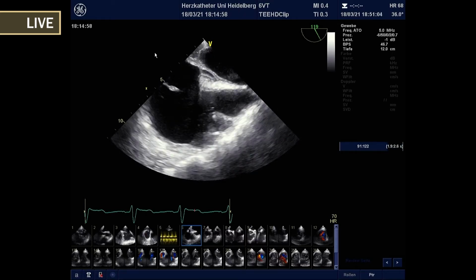So here should be the inferior cava vein, the superior cava vein, and this is where we have to go along. And here again you see this pretty thick and shadowing atrial septum.